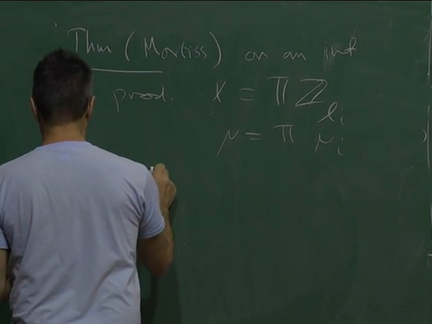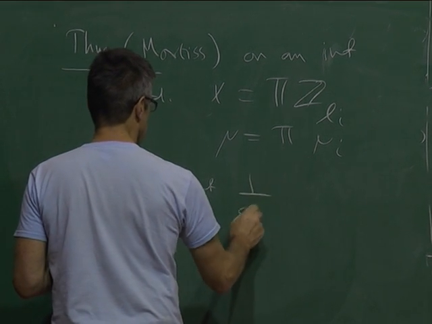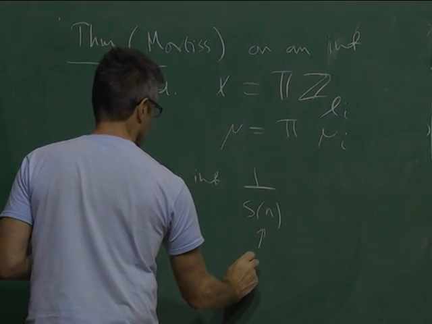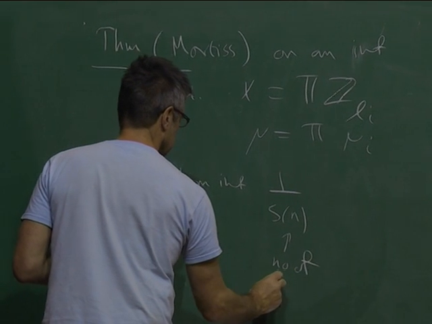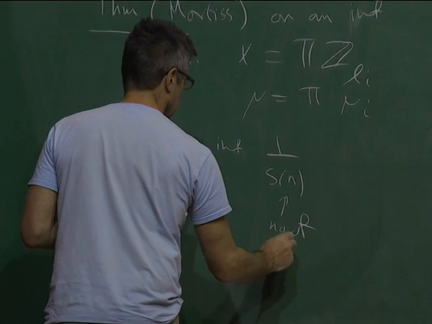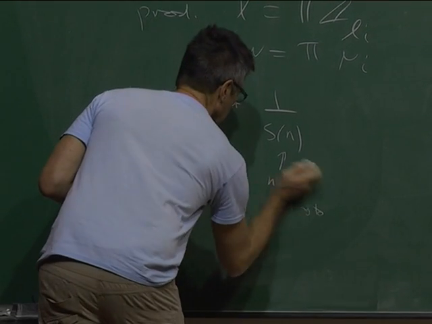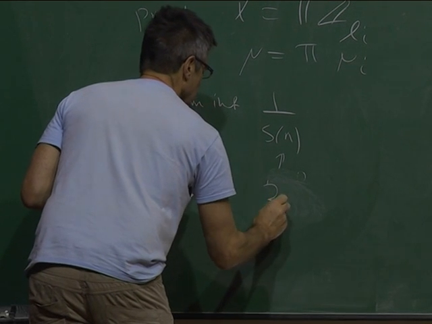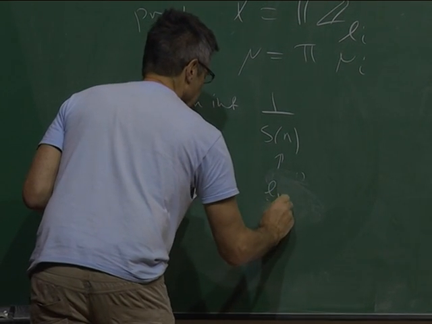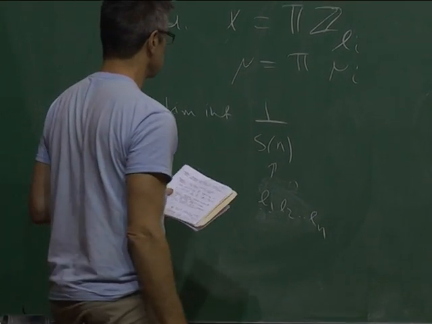Then alpha is equal to the lim inf. This is what she proved, 1 over Sn, where Sn is L1 times L2 up to Ln, the number of edges up to the nth one.